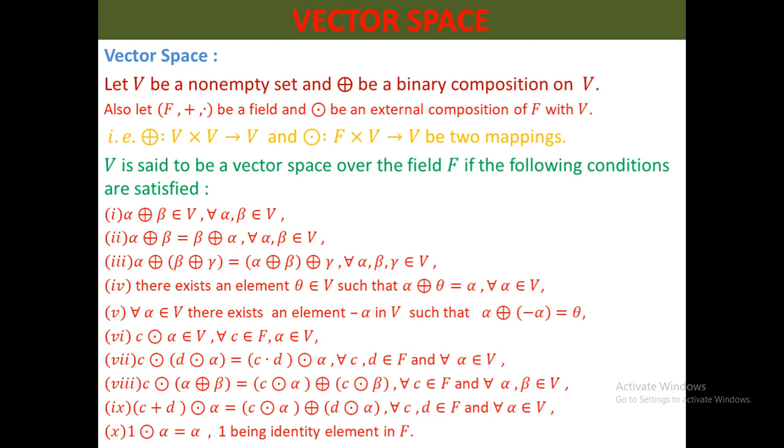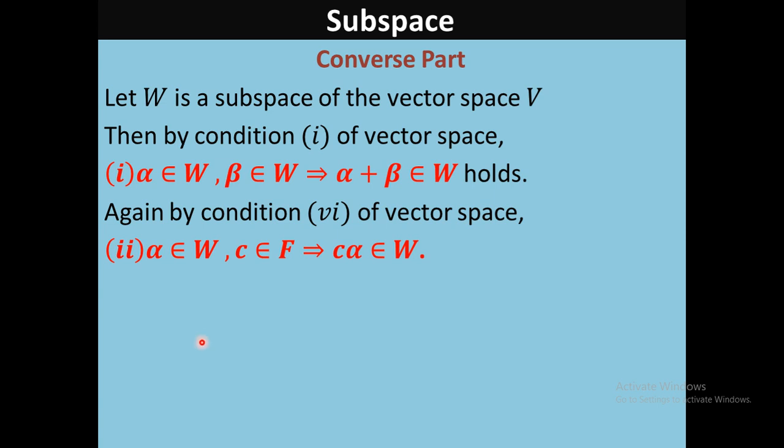Condition 6 says that for all C in F and for all alpha in V, C dot alpha is in V. So here C is an element of the field and alpha is an element of W, therefore C dot alpha, that is multiplication by C, is also in W.